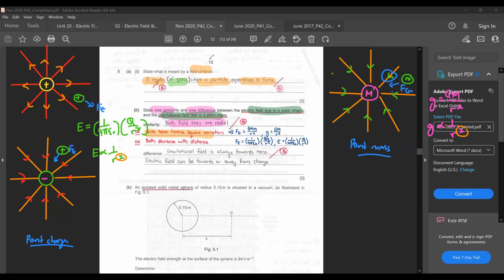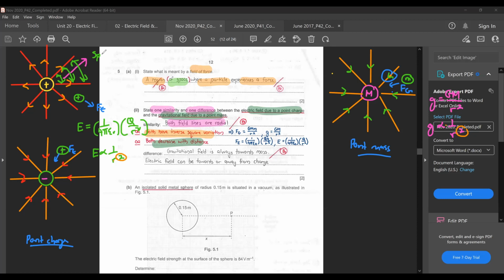Or you could also say that their field strength tends to decrease with distance, because it was mentioned to you before that the spacing of your field lines is a measure of your field strength. If you were to go further out from the center of your mass or the center of your charge, you will notice that the spacing is increasing from here to here.